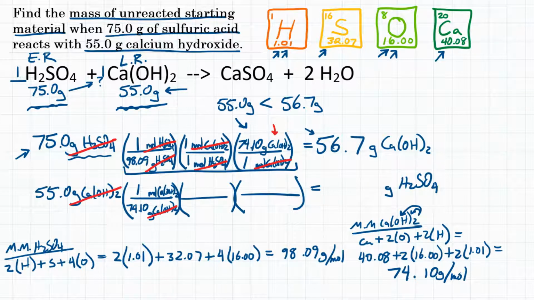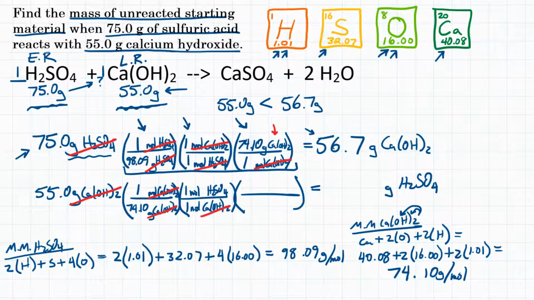Our middle step here is also the middle step from above, but flipped. So we will have 1 mole of Ca(OH)2 on the bottom and 1 mole of H2SO4 on top. And we're doing that so that our moles of Ca(OH)2 cancels. And then our third step here will be our first step from above, but flipped.